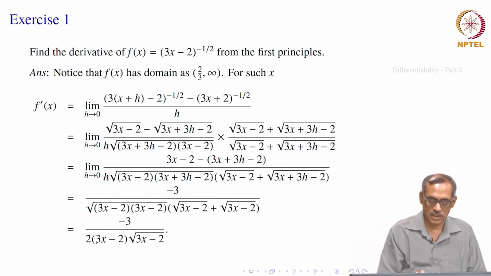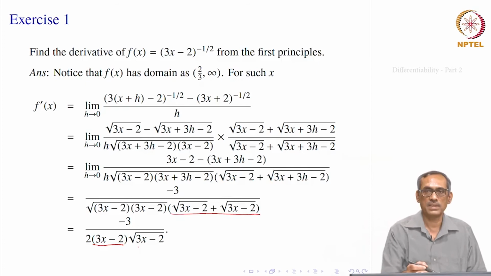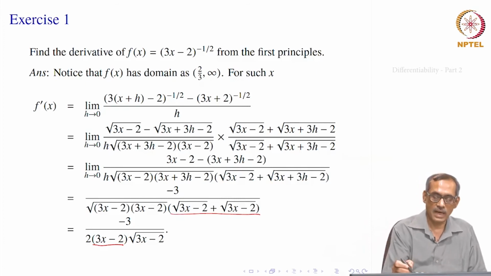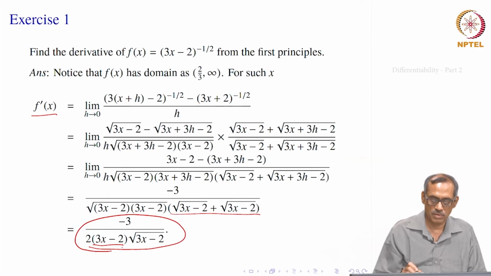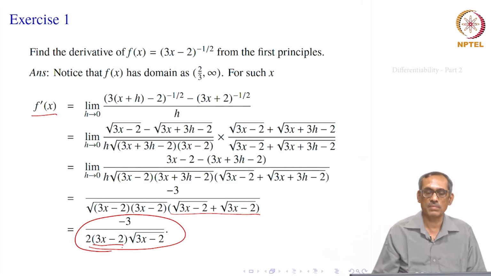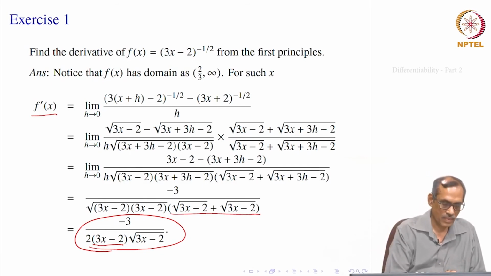So, this gives minus 3 divided by 3x minus 2, and this is 2 times square root of 3x minus 2. So, that is the answer: at every point of its domain it is differentiable and its derivative is equal to minus 3 divided by 2 into 3x minus 2 square root of 3x minus 2.